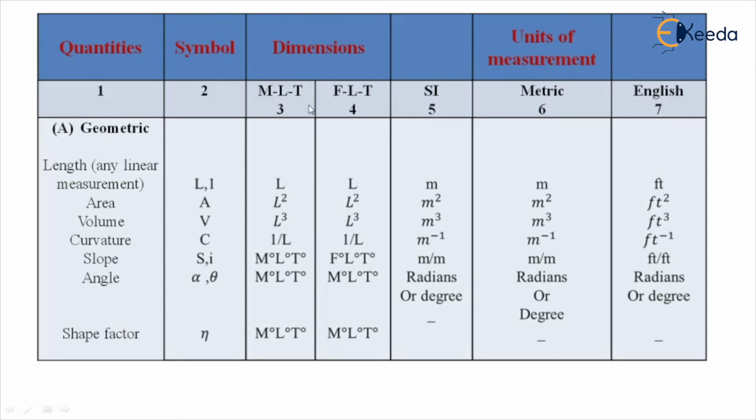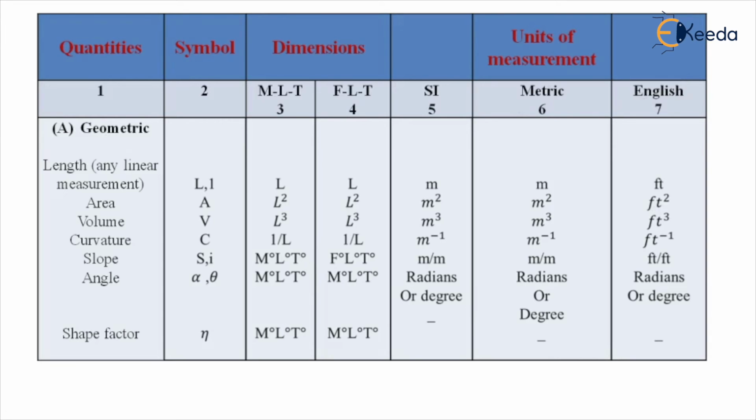Here, dimensions in terms of MLT and FLT. Already we know what MLT and FLT are. SI unit, metric unit, and English unit, which is in feet, feet square, feet cube, etc. First one we will see is geometric.